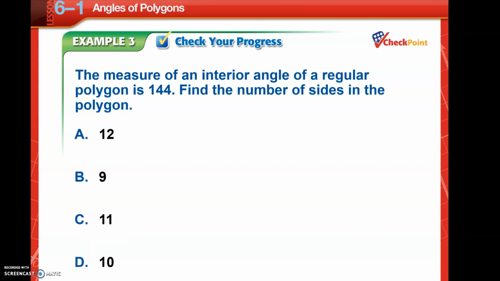So again, I would take the number of sides, which we don't know, minus 2, and times that times 180, and that will give me 144 times the number of sides, because this would be my sum of the angles. So there's 2 ways I can find the sum. I can find it this way, or I can take the angle times the number of sides.